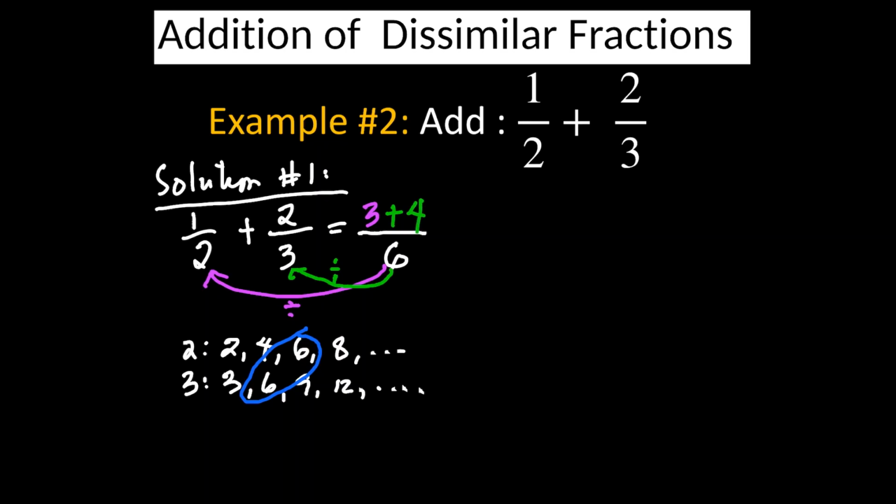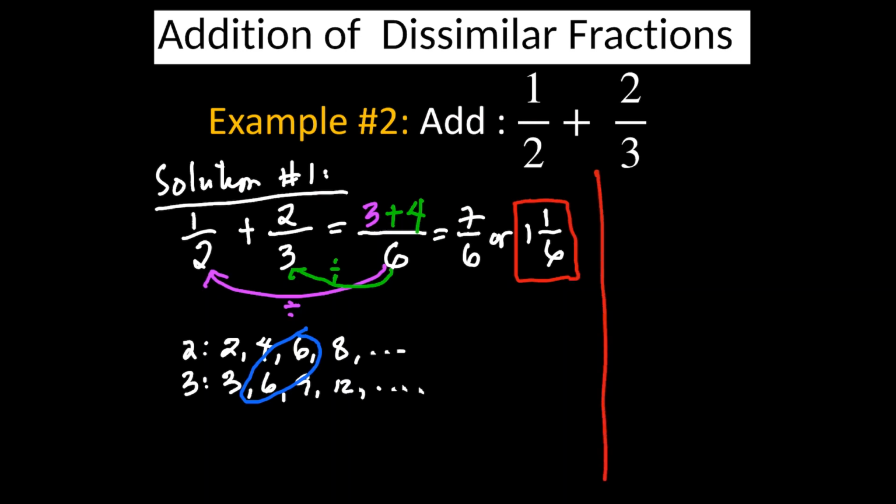And so if we add 3 and 4, that will give us 7 over 6, or in simplest form, that is simply 1 and 1 over 6. All right, so let's have another solution.